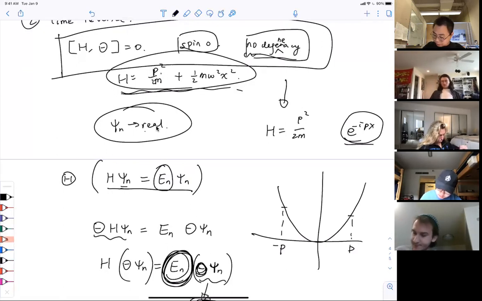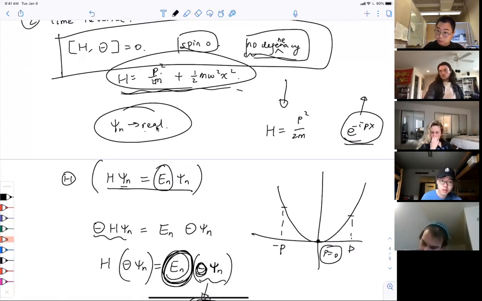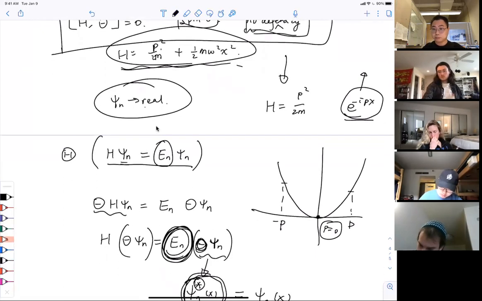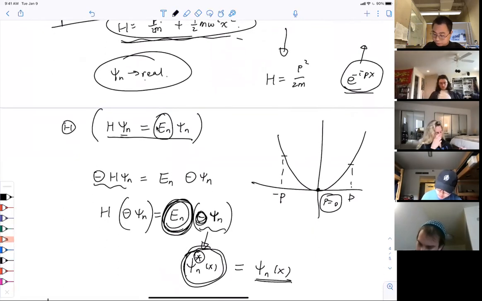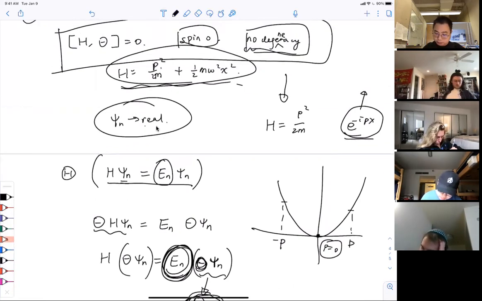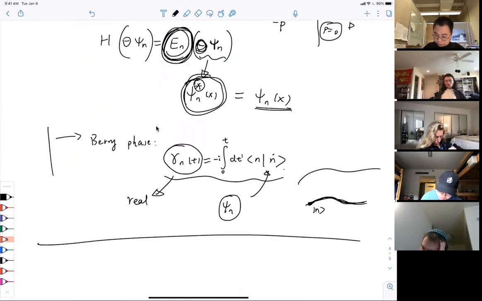But at a specific point, p equals 0, there's no degeneracy, and if you set p equals 0, this eigenstate becomes a real number. You can always come up with some simple examples to help you understand this kind of more abstract statement.